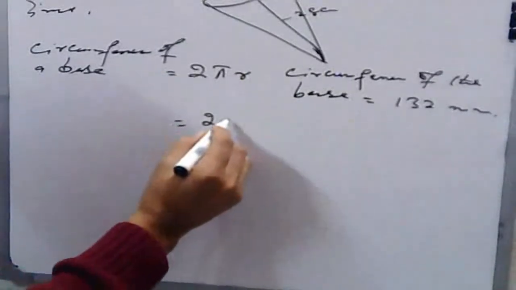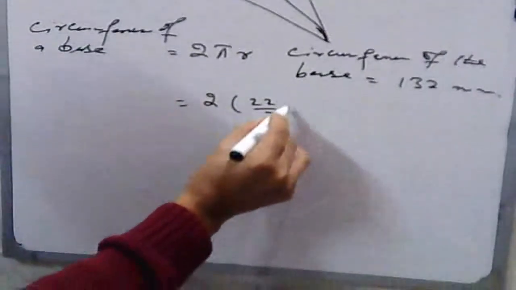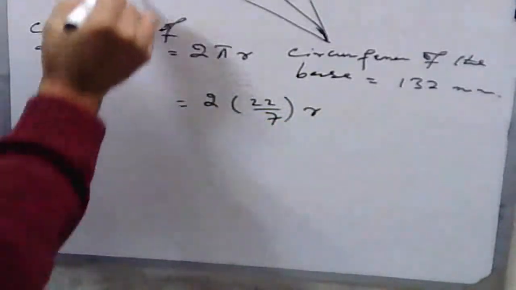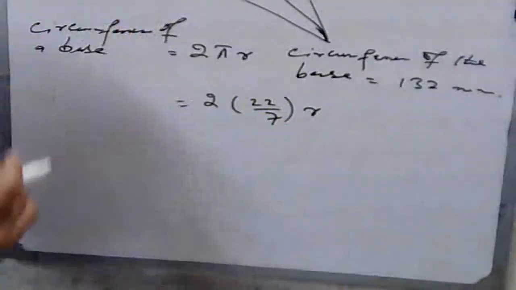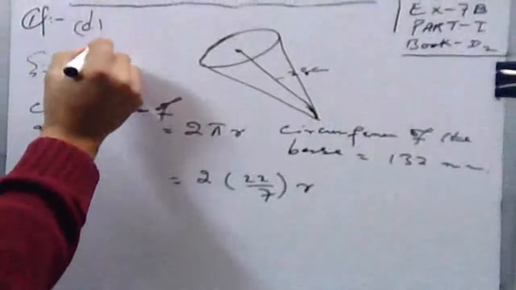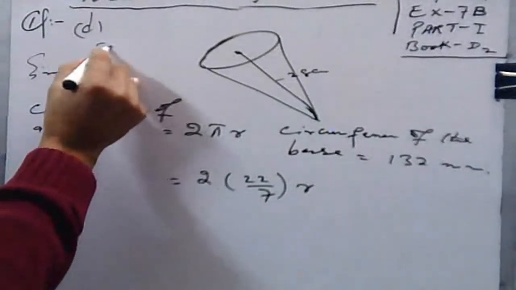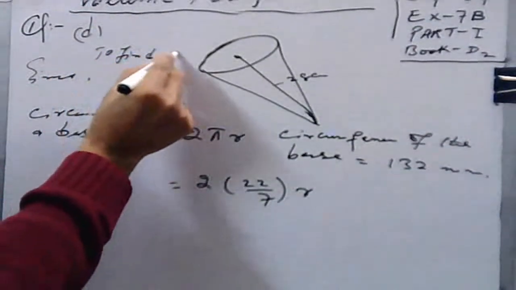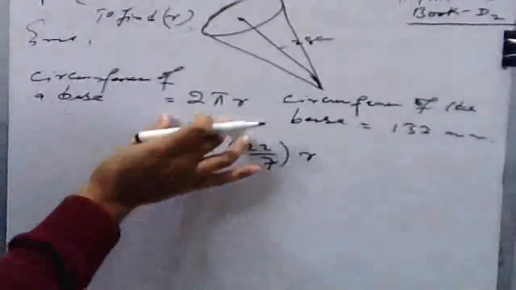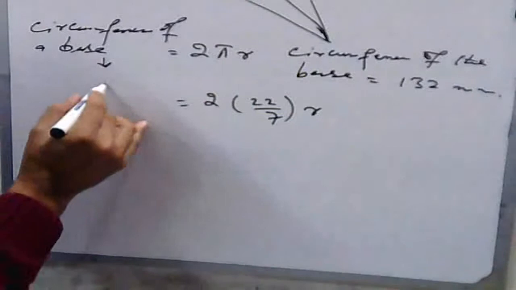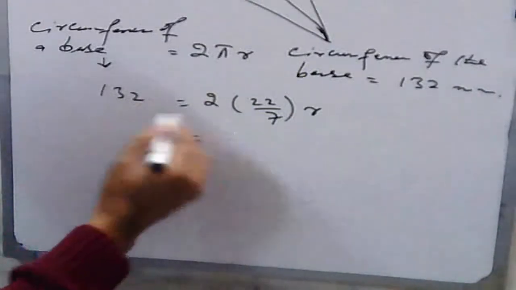So it means 2, the value of pi is, and in this D portion we first have to find r, since it is given to us. The circumference of a base is 132.